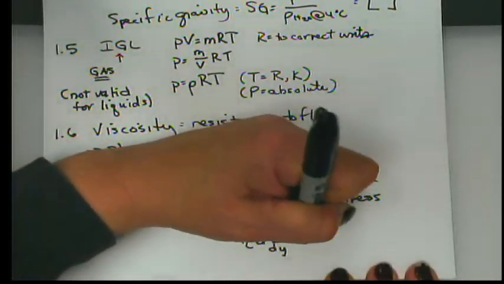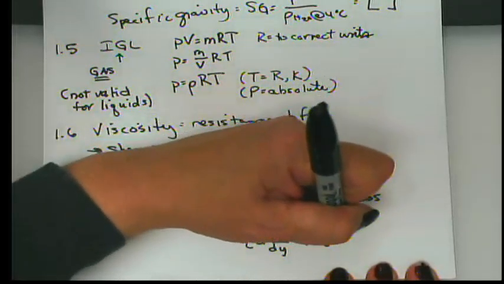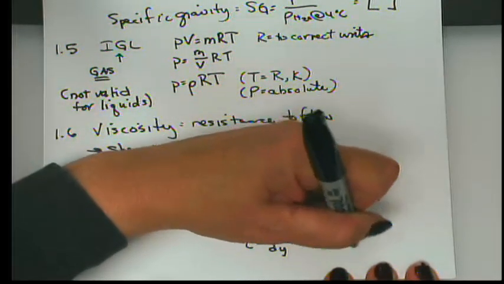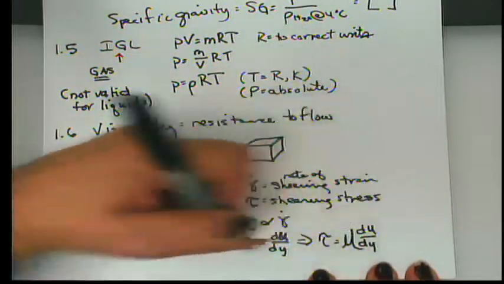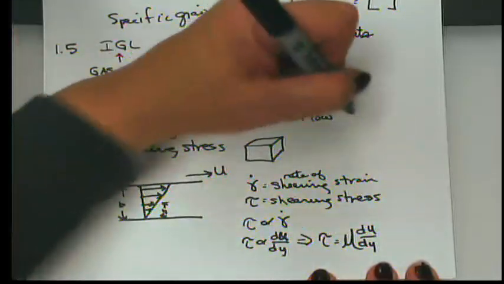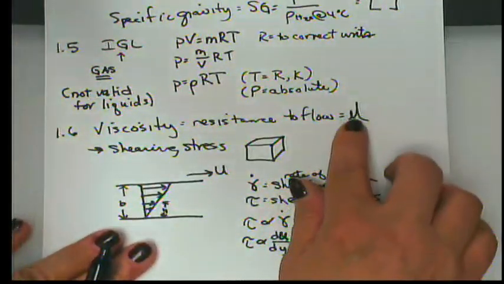Well, in order to make this an equation, we define this proportionality as the variable mu, and mu is defined as the viscosity. So mu is written like this.